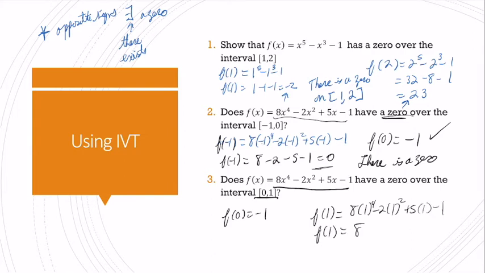So f of 1 equals 8 minus 2 plus 5 minus 1. So that's going to give me 8 minus 2, which is 6, 6 plus 5, which is 11, minus 1, which is 10. So yes, there is a 0 over the interval 0 to 1.